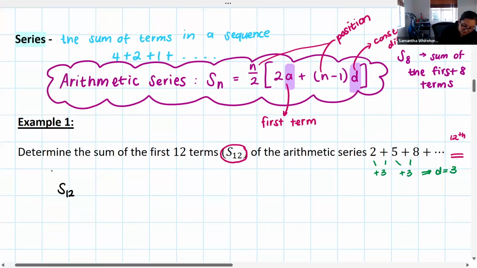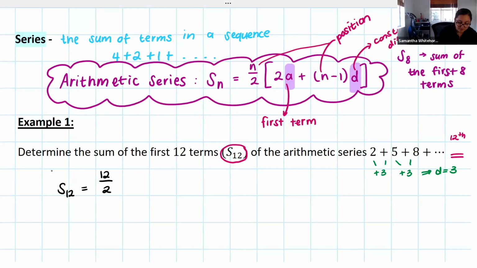So the sum of the first 12 terms is equal to n, I'm looking for the sum of 12, so n is 12 terms, divided by 2. Open bracket 2a, a is 2 because that's my first term of my series, plus n, which we know is 12, minus 1 times my difference, which is 3.